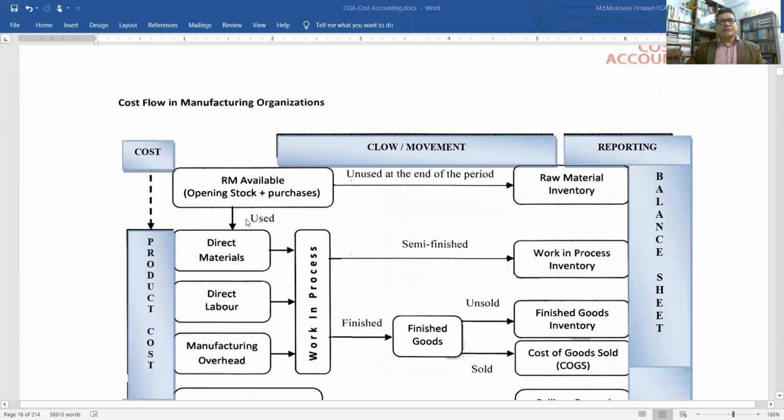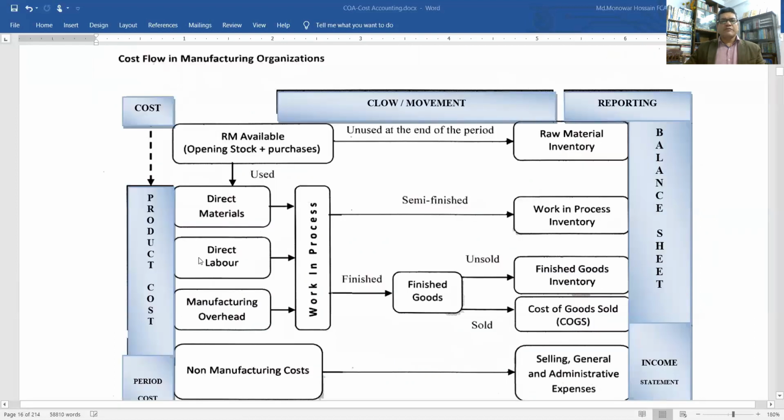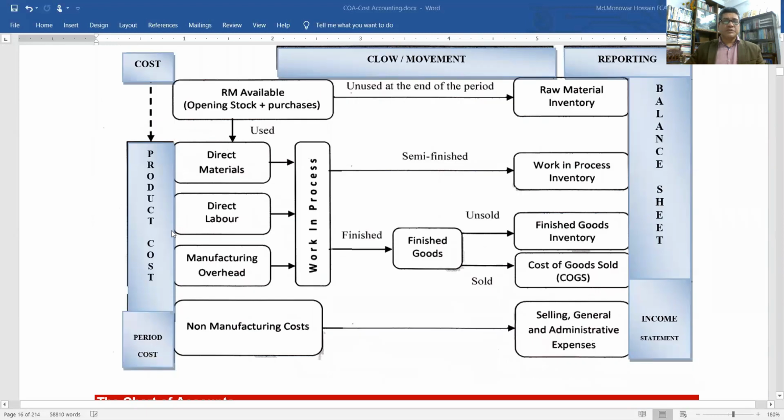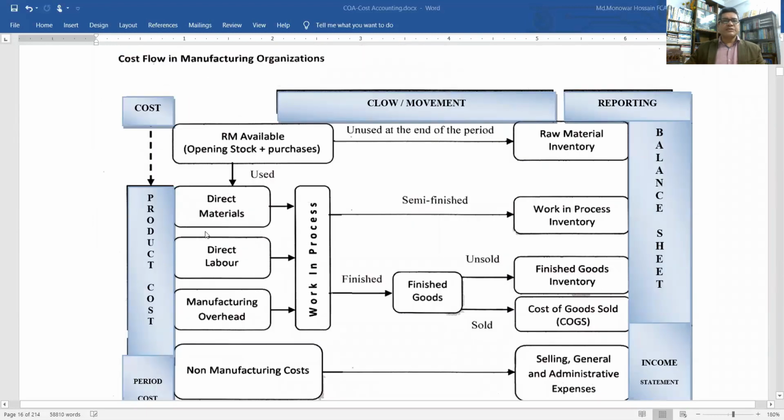In the same way, if we see the cost flow of a manufacturing organization, costs are of two types, product cost and period cost. The product cost, direct material, labor, manufacturing variable overheads, goes to production.